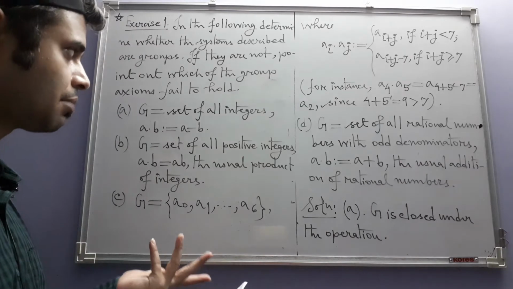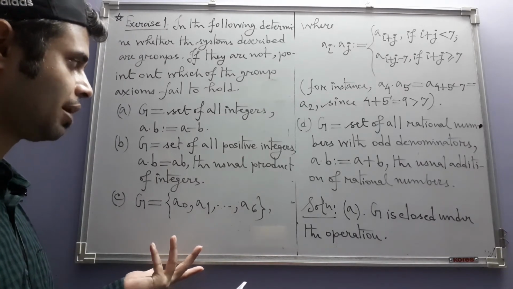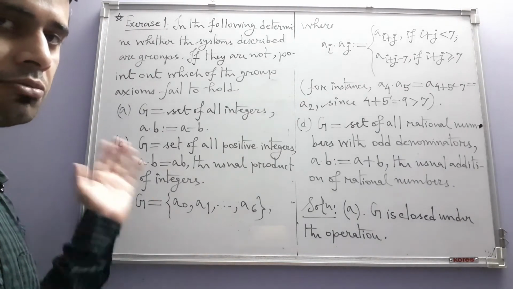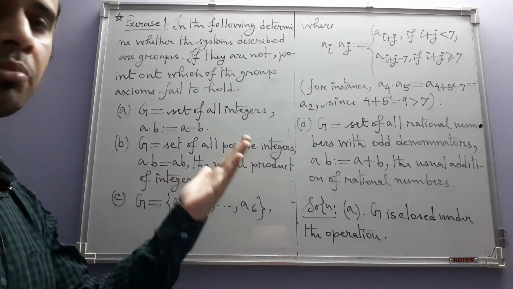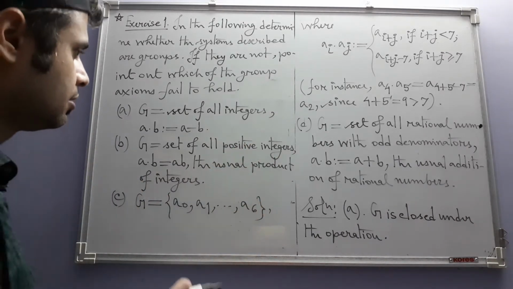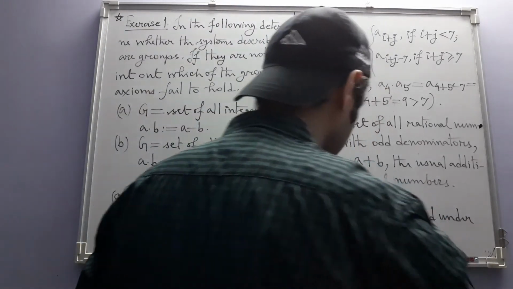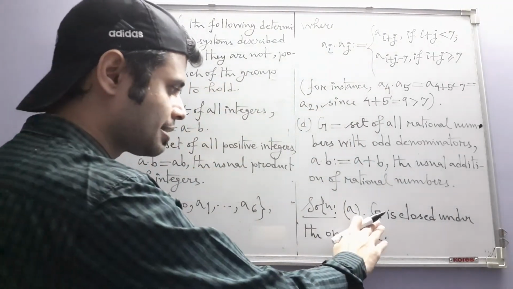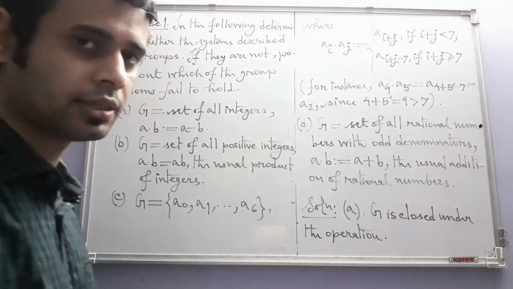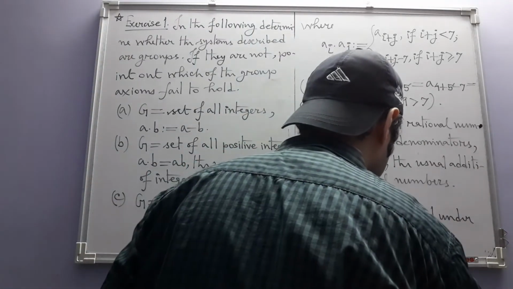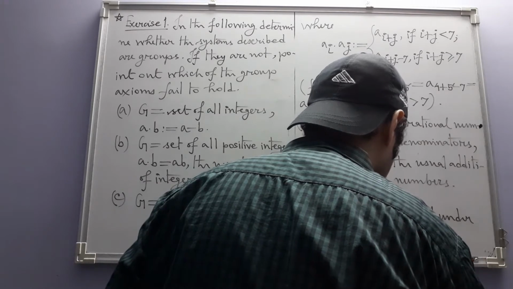But since that is something we are familiar with and we have used throughout our mathematical life so far, let us not mention that simple fact here. We just know this is true, and as a consequence G is closed under the operation dot, which is subtraction.